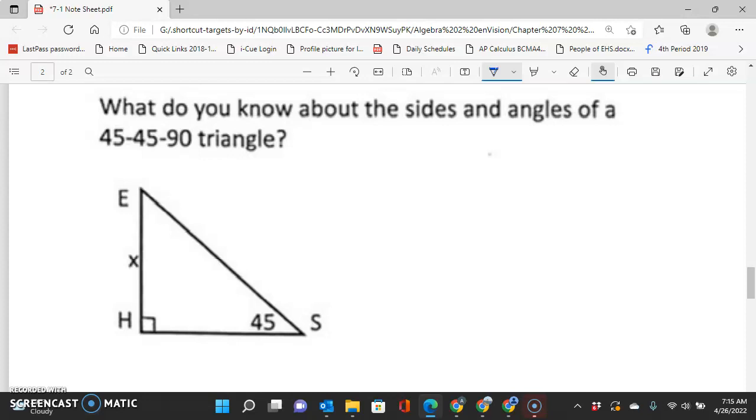What that means is that one of the angles is 90, one of the angles is 45, and since these two angles have to add up to 90 so that the triangle adds up to 180, this angle would also be 45. So what that means is that these two sides are going to be the same length. And now we can go to the Pythagorean theorem and say, well then x squared plus x squared has to be the hypotenuse squared.